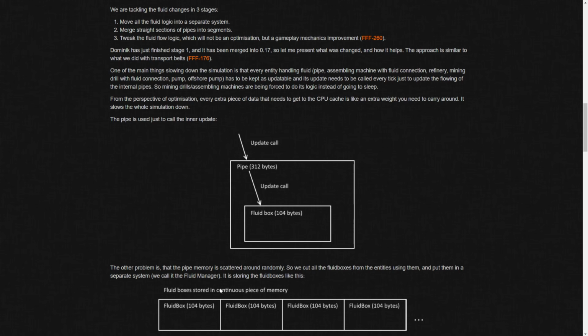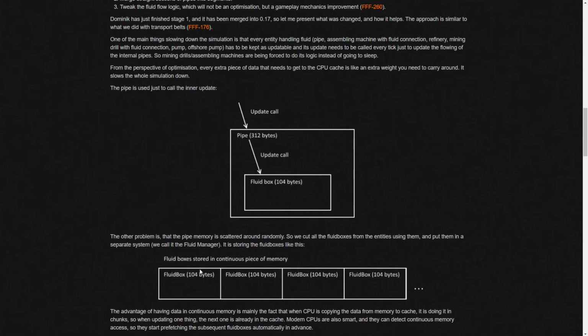Yeah, and so this optimization here is part of the CPU cache implication. He even says it in the next line. The advantage of having data in continuous memory is mainly the fact that when the CPU is copying data from memory to the cache, it's doing so in chunks. So when updating one thing, the next one's already in the cache.